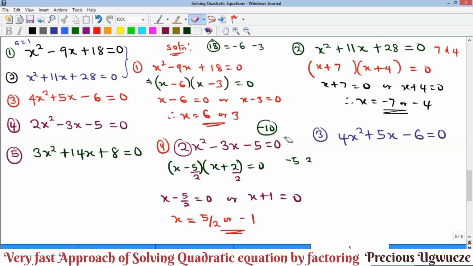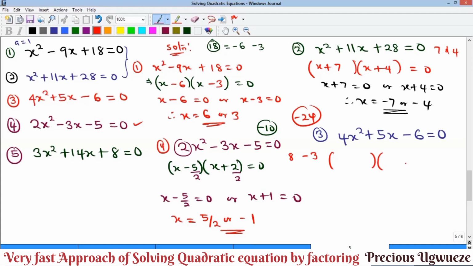If we do the same thing for example 3, we're actually going to get the same kind of solution. Remember, that was example 4, this one. Here we now want to look at example 3. In this case, 4 times minus 6 will give us negative 24. So what are the two numbers that will sum to give us 5 and multiply to give us negative 24? That's positive 8 and negative 3. Of course, positive 8 times negative 3 is minus 24, and if you sum them, you get positive 5.